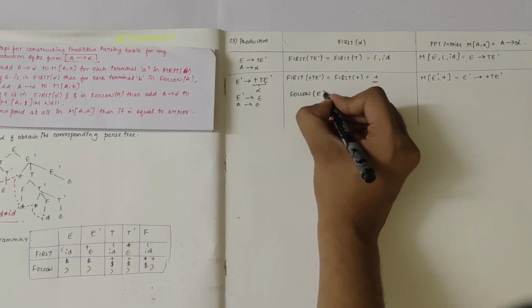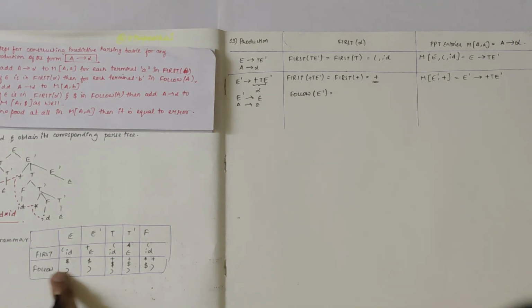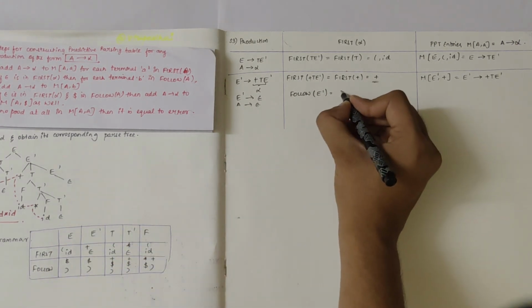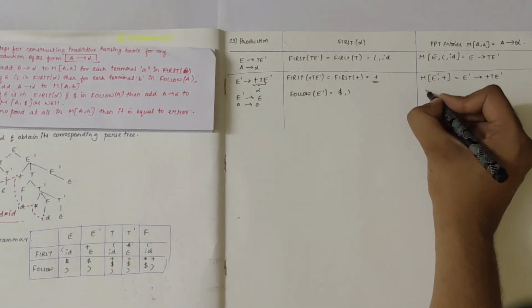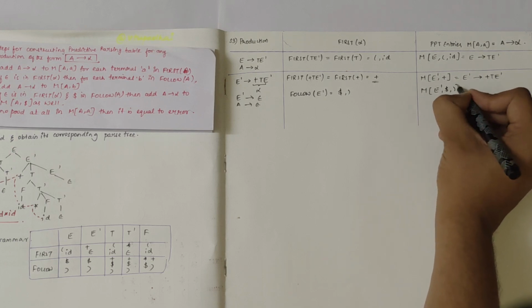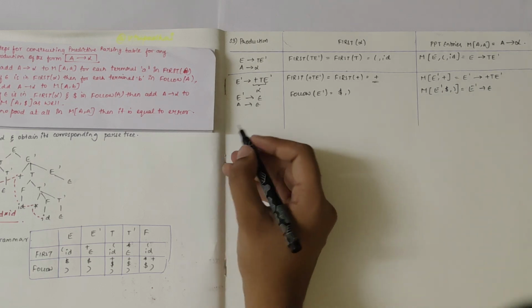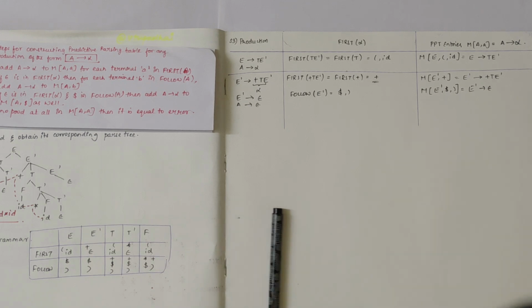So follow of E dash is dollar and close parenthesis. So here M of E dash comma dollar and close parenthesis would be equal to E dash derives epsilon. So we are done with the E dash production.